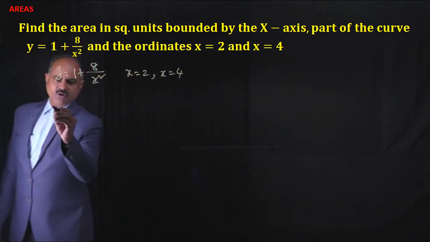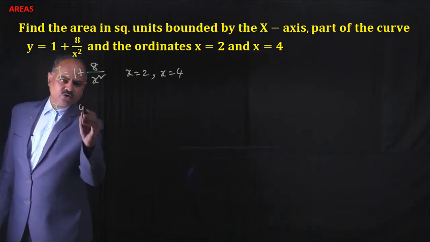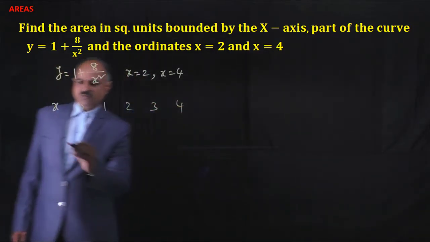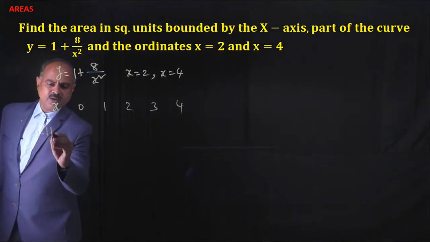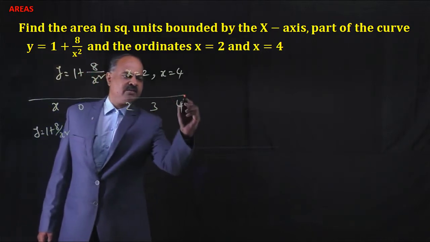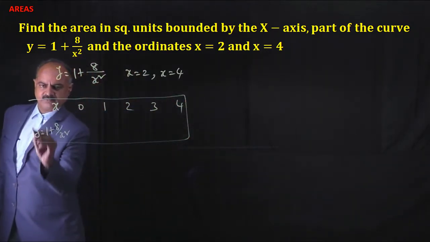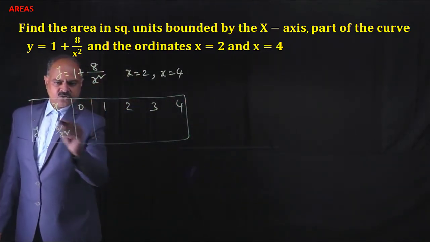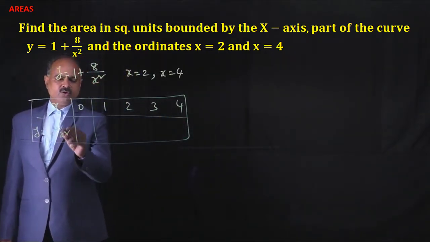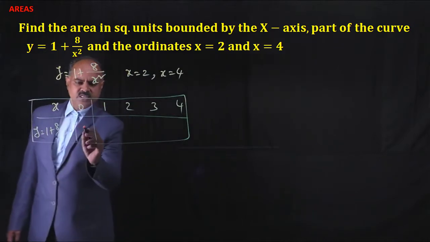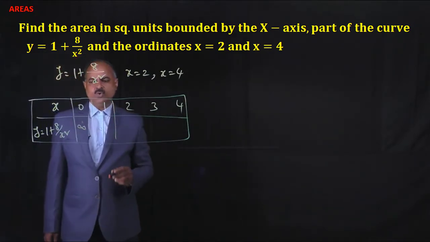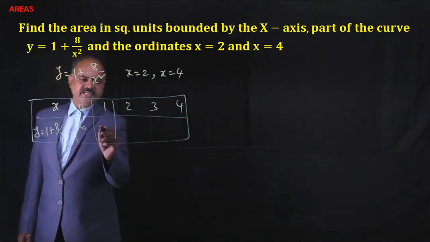So x equal to 0, 1, 2, 3, 4. Y is equal to 1 plus 8 by x square. So if x equal to 0, y equal to 1 plus 8 by 0, so that is infinity. If x equal to 1, y is equal to 1 plus 8, that is 9.